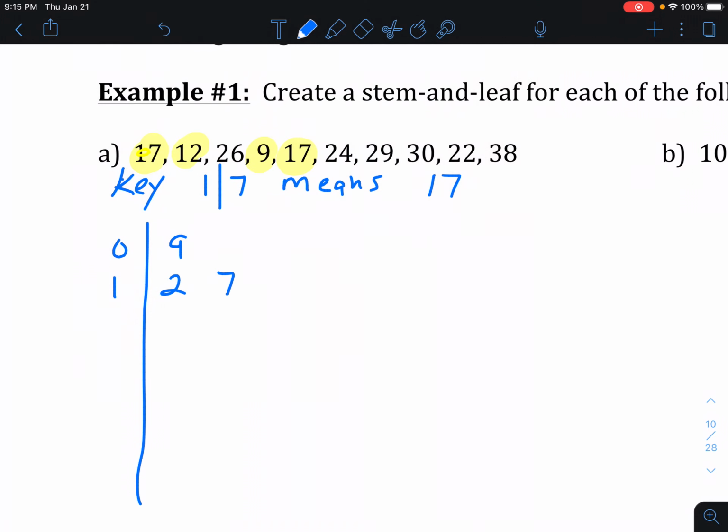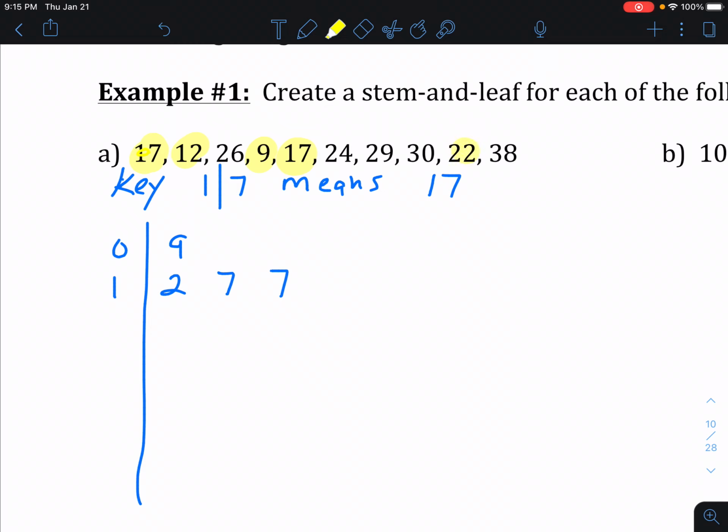So 17 and 17 do not get a new stem. The 1 is already there for the tens place. You can repeat leaves, but you would not repeat stems because you're trying to abbreviate or shorten the look of things.